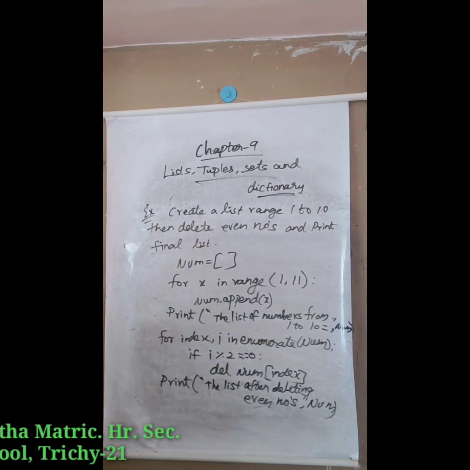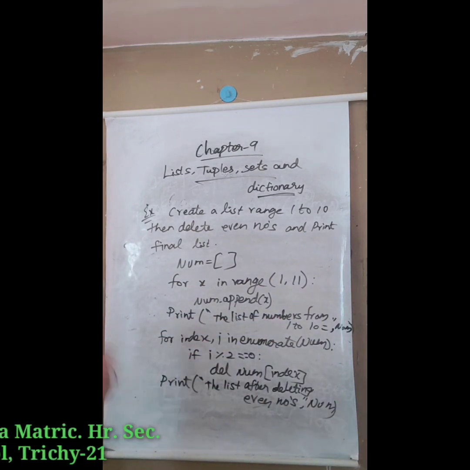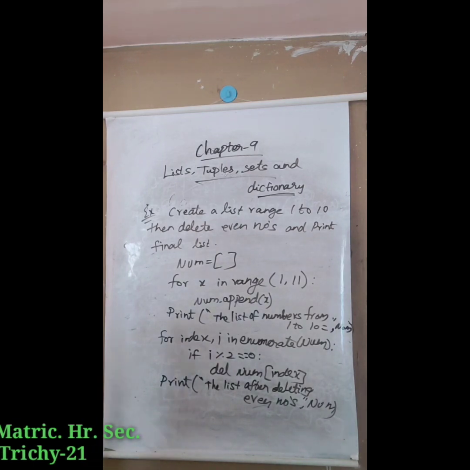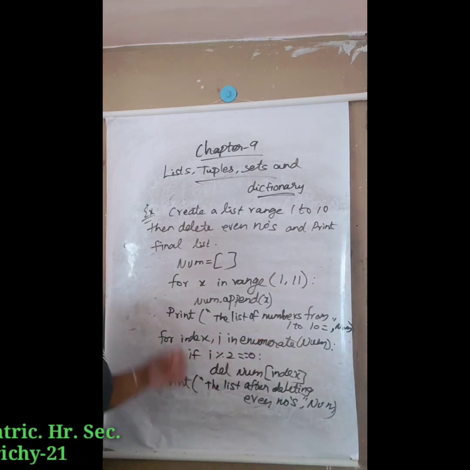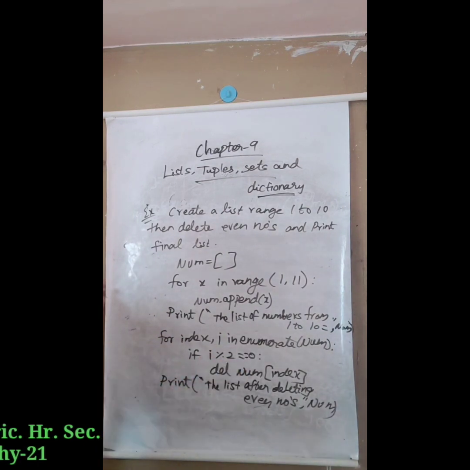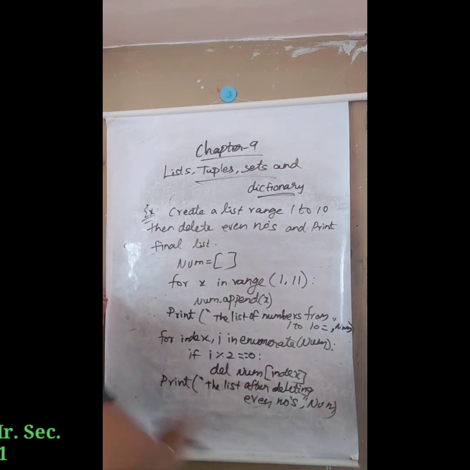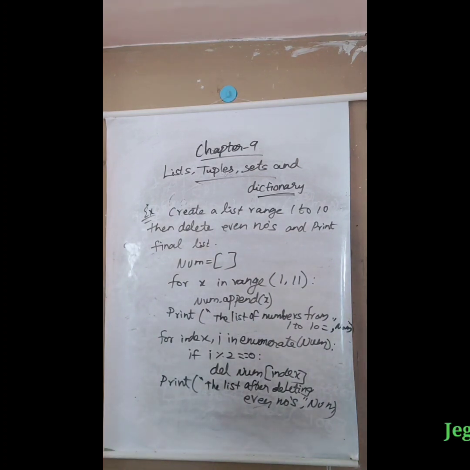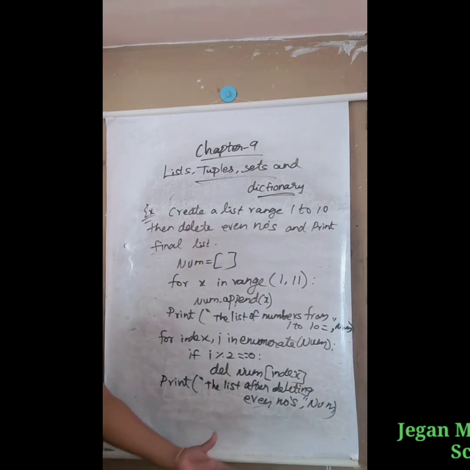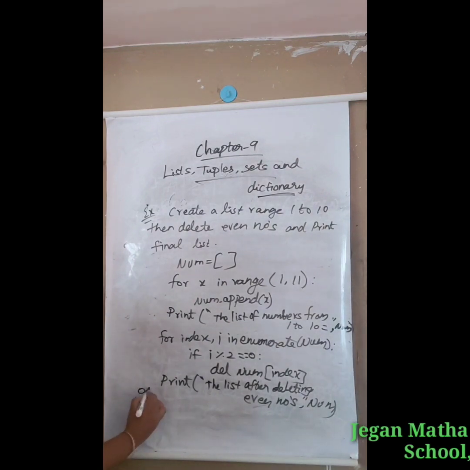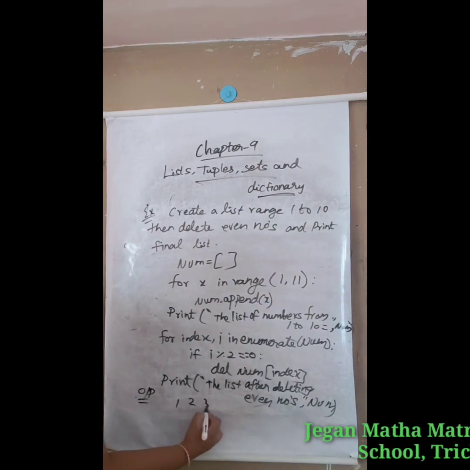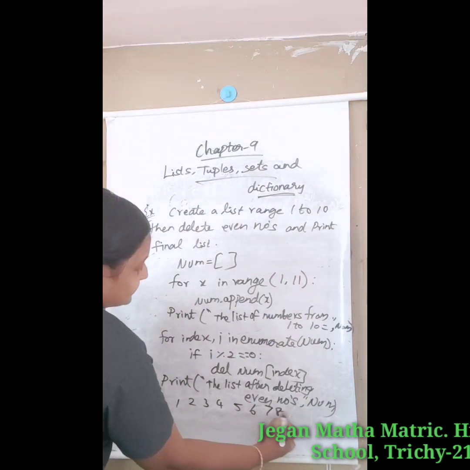It will print the values 1, 2, 3, 4, 5, 6, 7, 8, 9 up to 10. After that we check whether the given number divided by 2 gives remainder 0, and if so it deletes that value. At last, after completing all these processes, it prints the list after deleting even numbers. The first output is 1, 2, 3, 4, 5, 6, 7, 8, 9, 10.